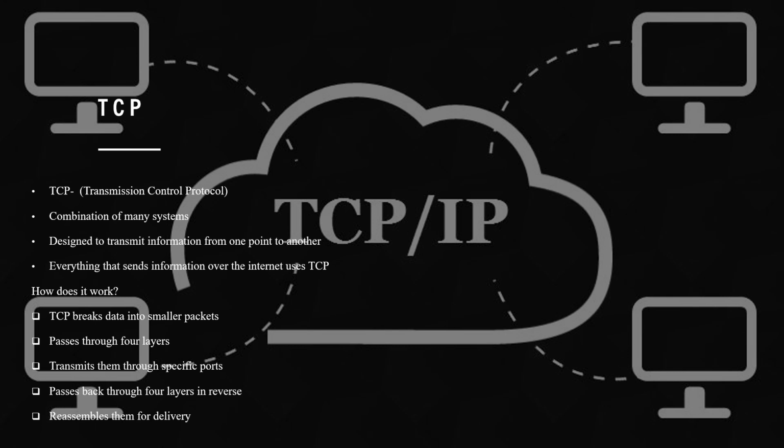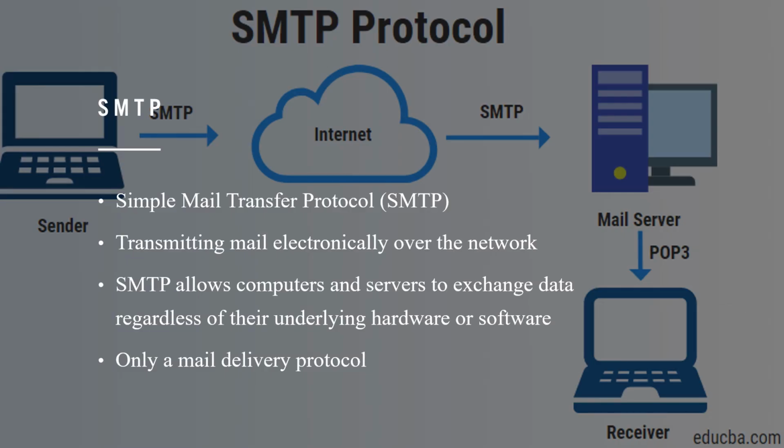TCP breaks data into smaller packets. It passes through 4 layers, transmits them through specific ports, passes back through 4 layers in reverse, and reassembles them for delivery. Next is SMTP.